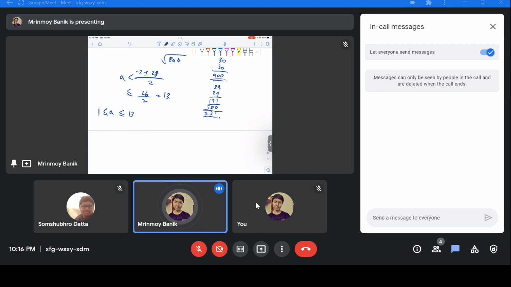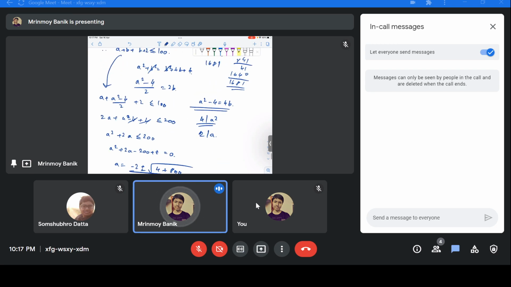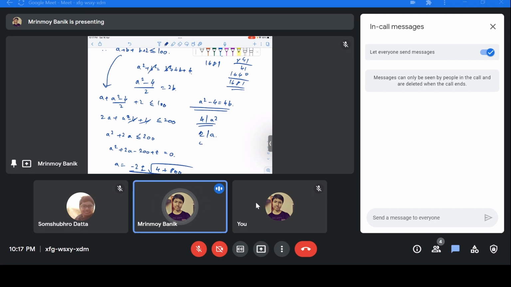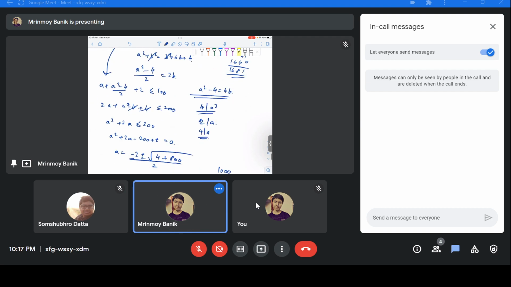But still, the number of even numbers. Just a minute. So 4 divides A squared, right? Then 2 divides A. But 2 isn't possible in this case. So let's start from 4. I guess we will be able to show 4 divides this somehow. Let me check the other conditions.